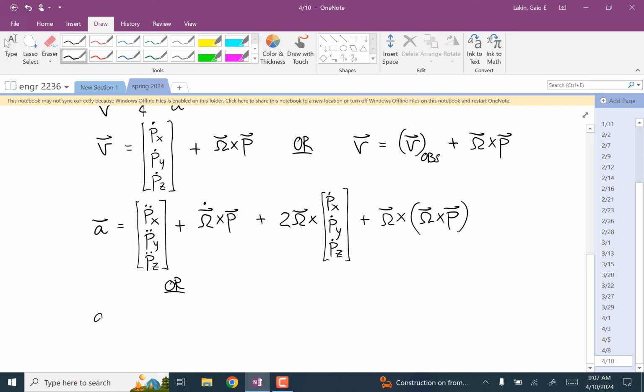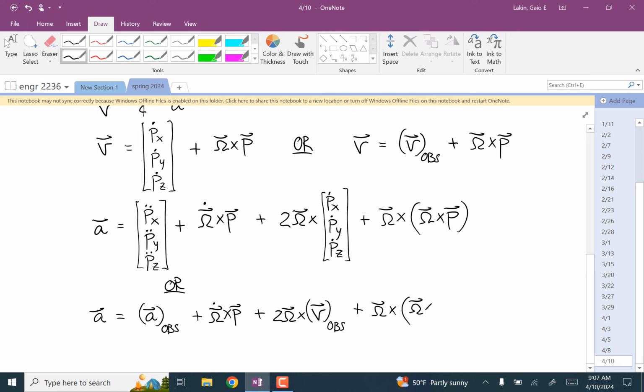Or you can also write it as acceleration is equal to the acceleration that the coordinate system sees plus omega dot cross p plus 2 omega cross the velocity that the coordinate system sees plus omega cross quantity omega cross p. Okay.